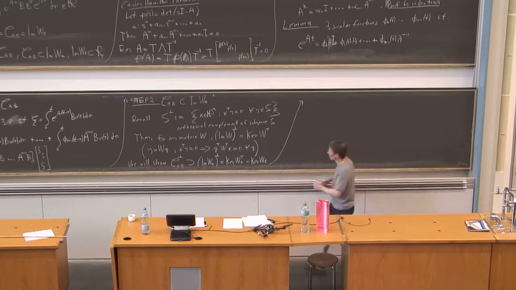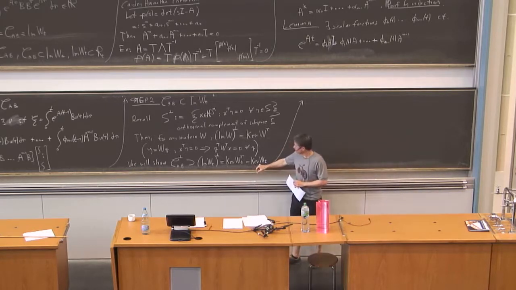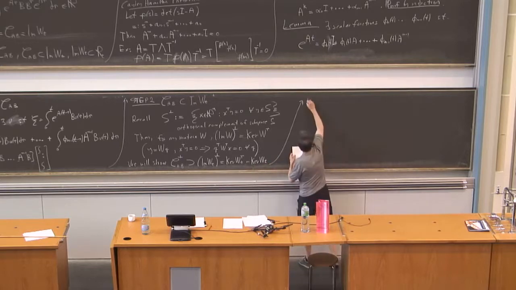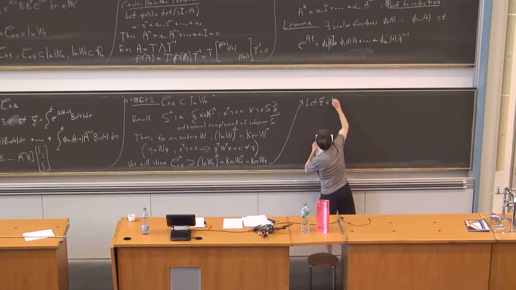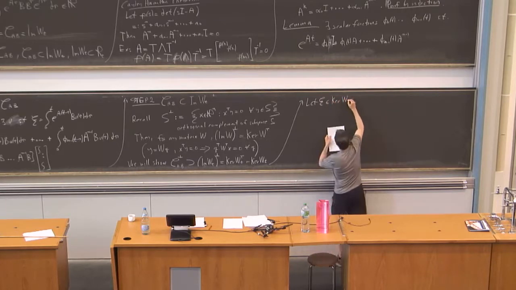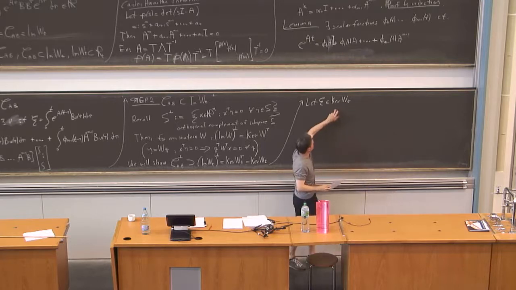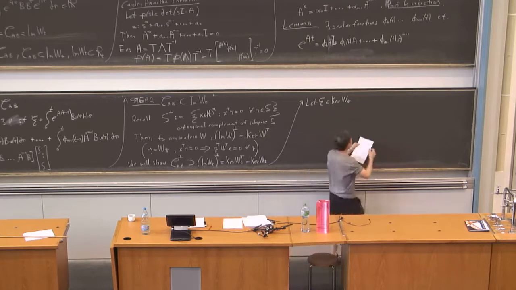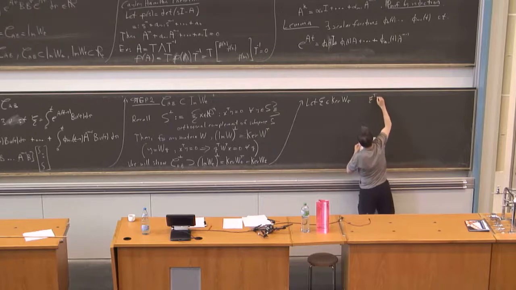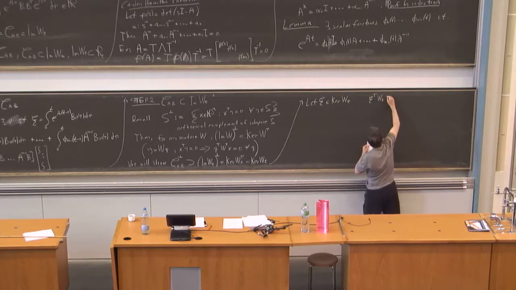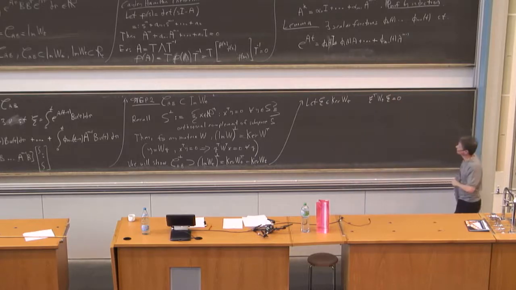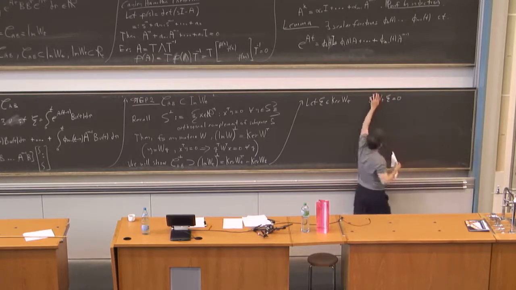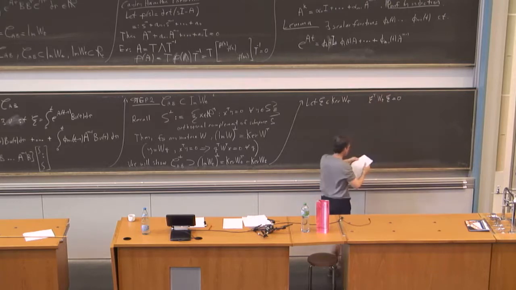Okay, so let's assume that I have Xc that's in the kernel of W sub T. So it simply means that W sub T times Xc is equal to 0, which certainly implies that Xc transpose WT Xc is equal to 0, right? Because this is equal to 0, therefore this is equal to 0.